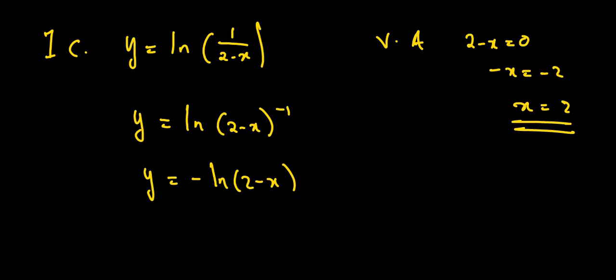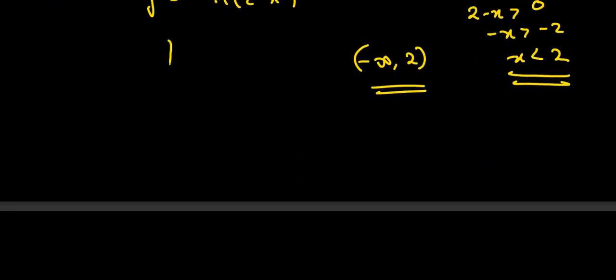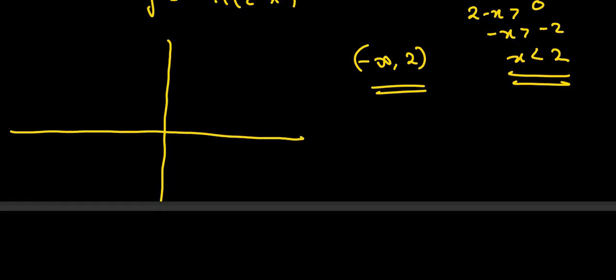For the domain, we're just saying 2 minus x should be greater than 0. So x is less than 2. So the domain is from negative infinity up to 2, open. Then we can make a sketch. We should never touch this line. That's our 2.